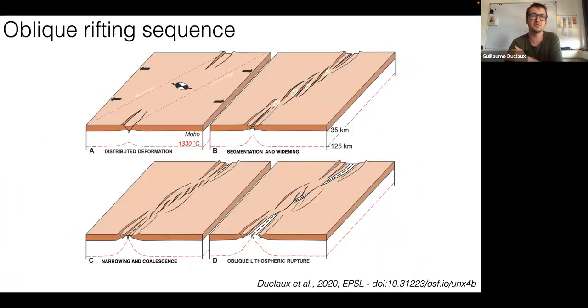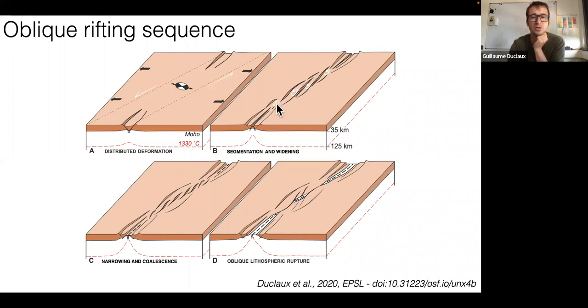And well, that's just the 3 models altogether. I just want to come back to the oblique rift sequence. What we proposed in this paper in EPSL is that we start with this diffuse rifting system where we've got this intermediate oblique direction going on in our weak zone. Rifts are propagating towards the edge here or from heterogeneities in the model. And when these wide grabens form, they tend to form obliquely and then rotate toward orthogonality.